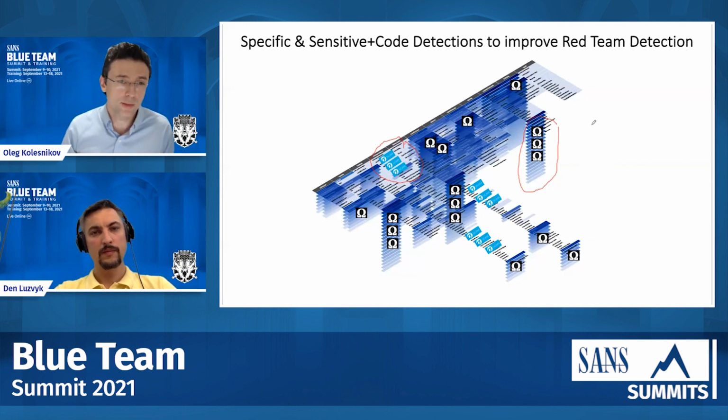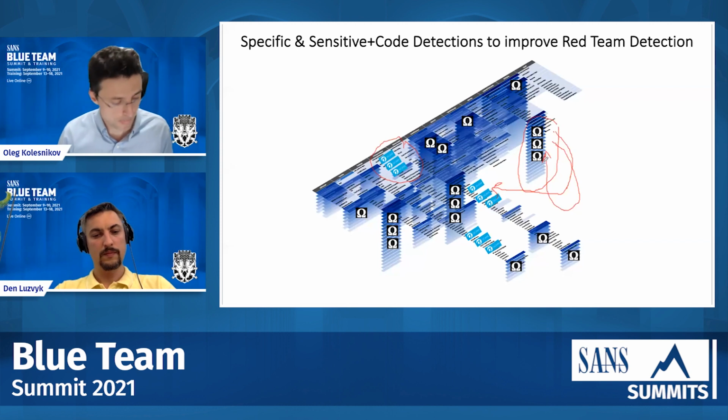But most importantly, what Omega allows you to do is you can generate new detections from code. So your code can generate more specific detections. And secondly, you can take the code and refine your existing Sigmas and Omegas to reduce false positives. And we're going to have a demo on this for you in just a moment.